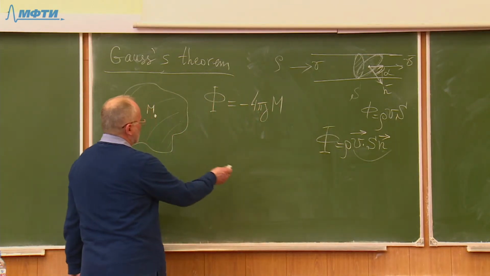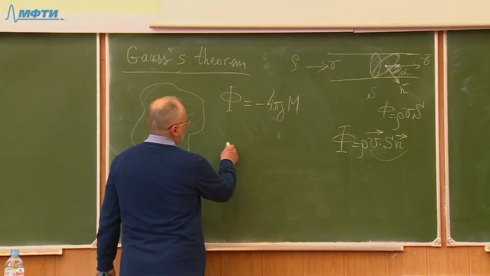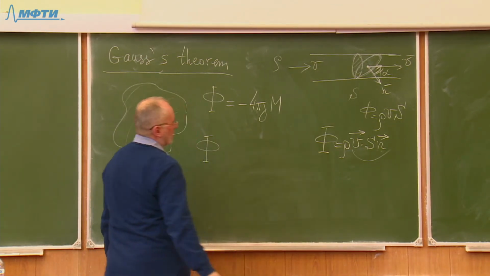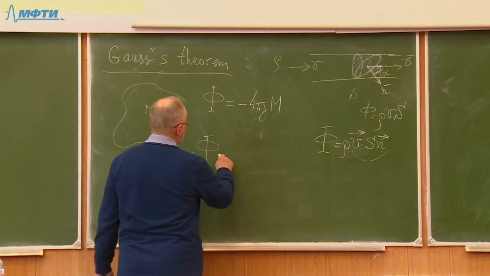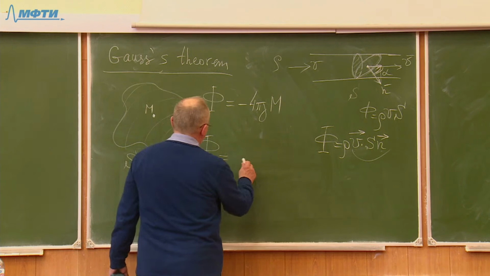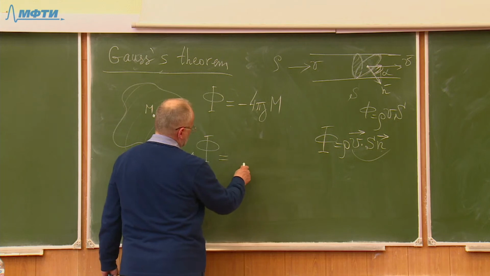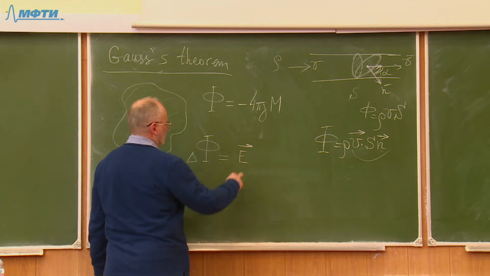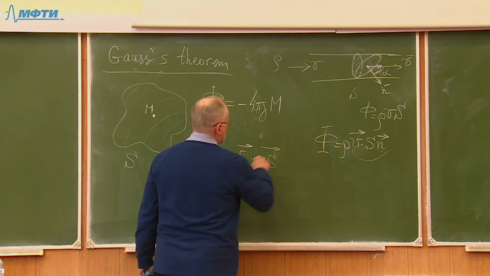And then when electromagnetism was developed, such a quantity as flux applied to electromagnetic field was introduced, and the flux through a small area delta S was determined as scalar product of the vector of field strength, electric field strength, and the vector of delta S.